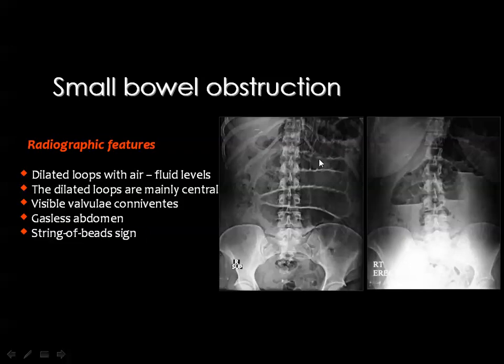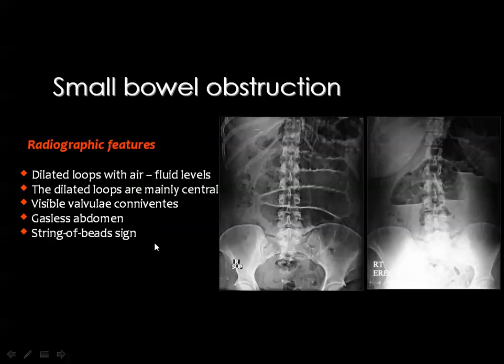From the shape of the intestinal loops and the mucosal pattern, you can identify the type of the dilated loops, and you can also know the level of the obstruction. The radiographic features of small bowel obstruction include dilated loops filled with air and fluid levels. The loops are usually central, with visible valvulae conniventes, which are the mucosal folds of the jejunum.